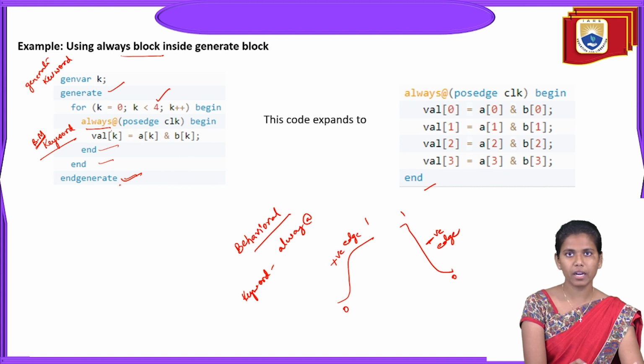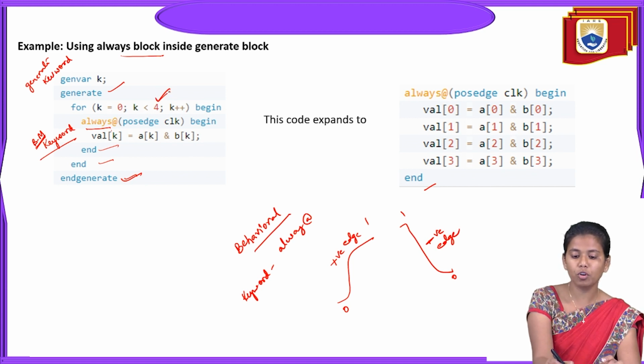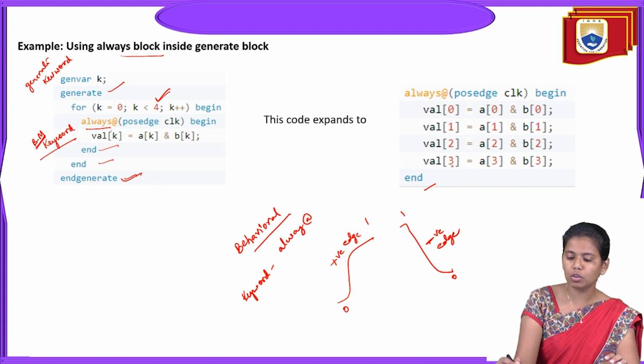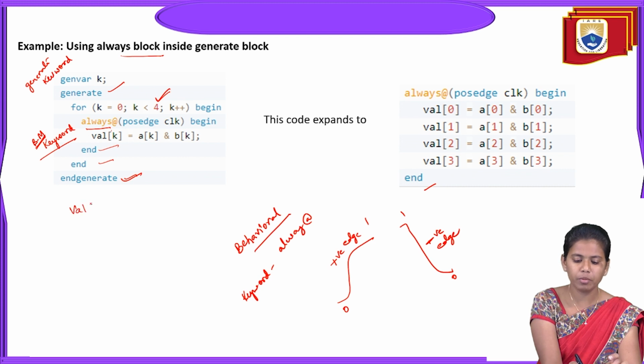This code is expanded. So how can we expand it? Now we go with k equals 0, k less than 4, and k plus plus. So until 4 bits, from variable 0 to 3. For variable 0, a and b are a[0] and b[0].